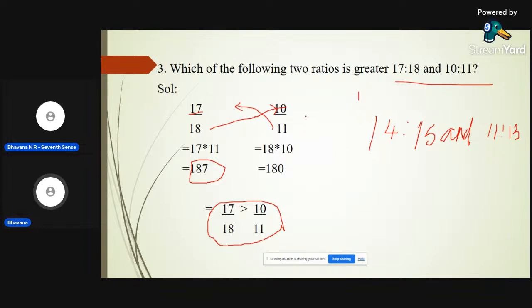So which of the following two ratios is greater than these two? Do it and answer in the comment box.